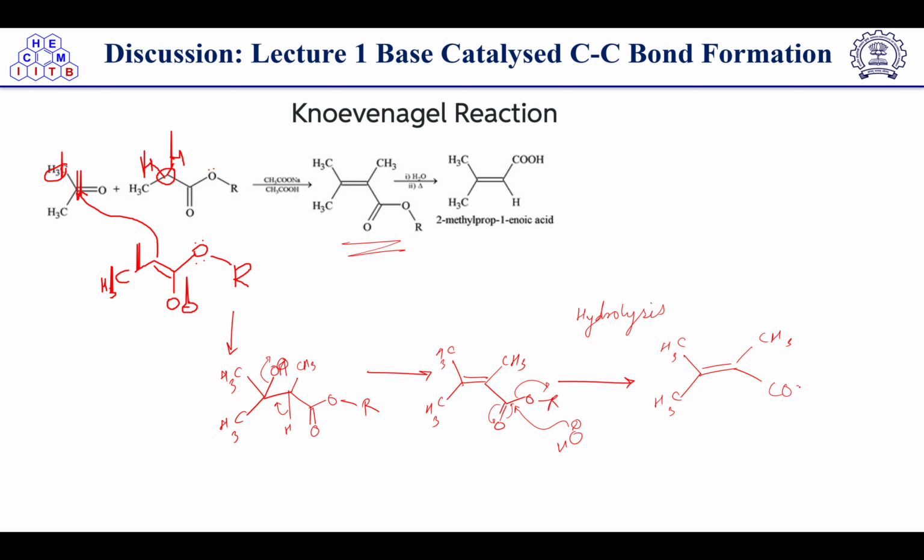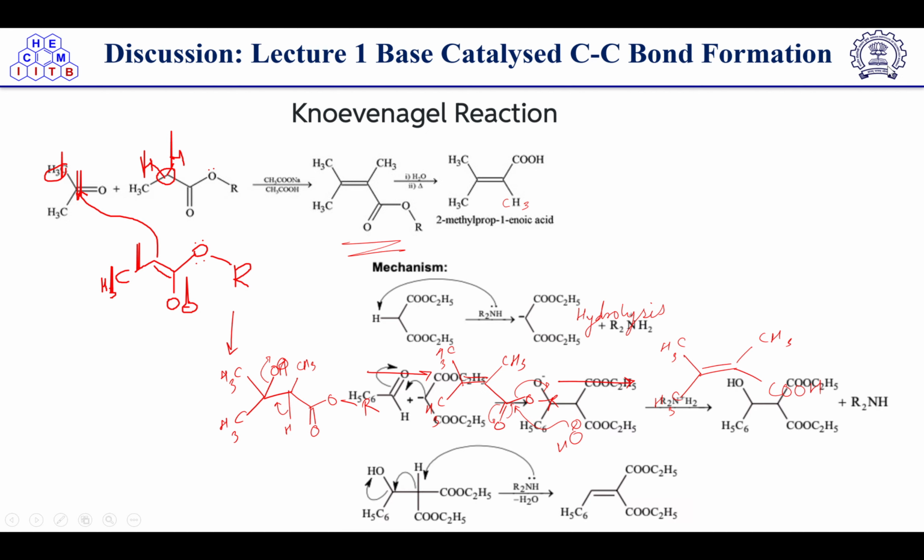Here CH3 will remain as it is. So this is the hydrolyzed product. Got it? I hope all of you got the mechanism here. First you have to make the enolate and then make an attack on another carbonyl center. So let's move to the next slide.